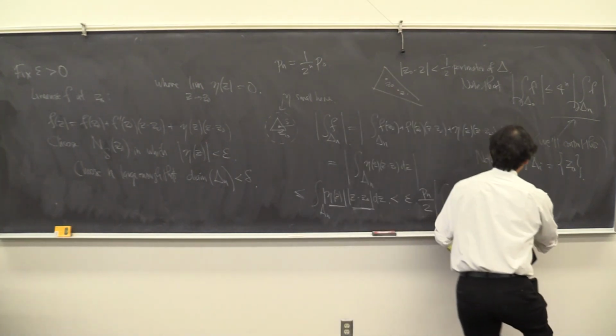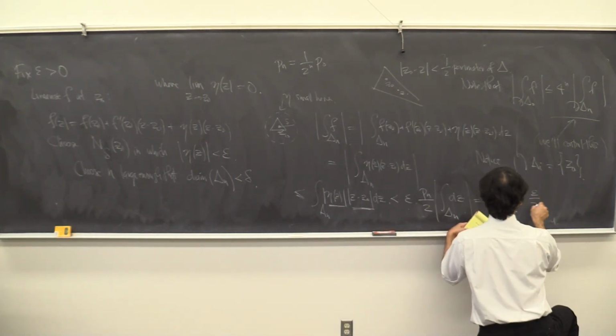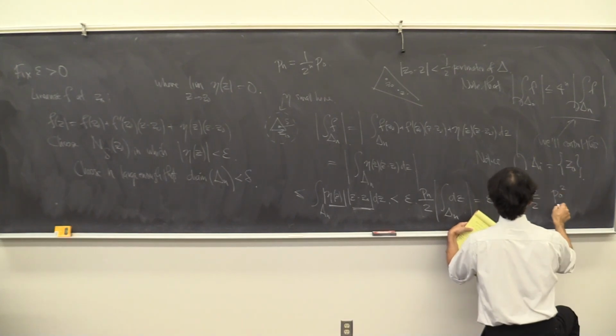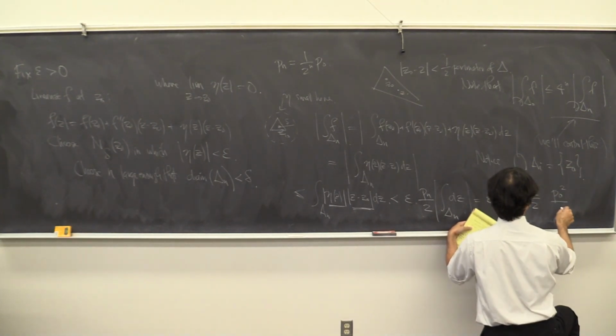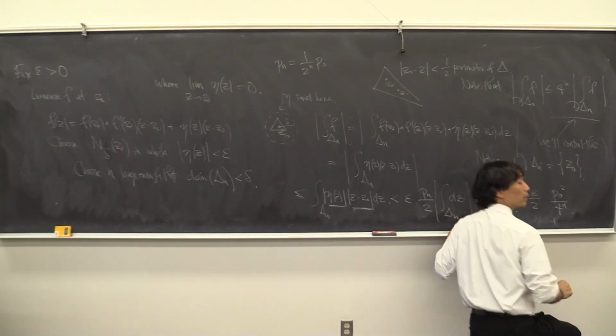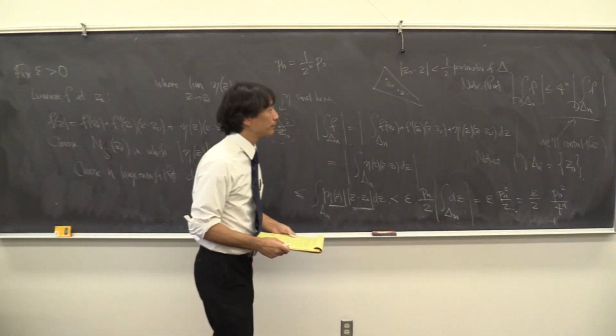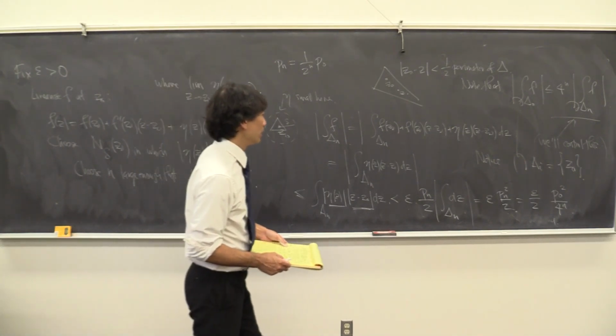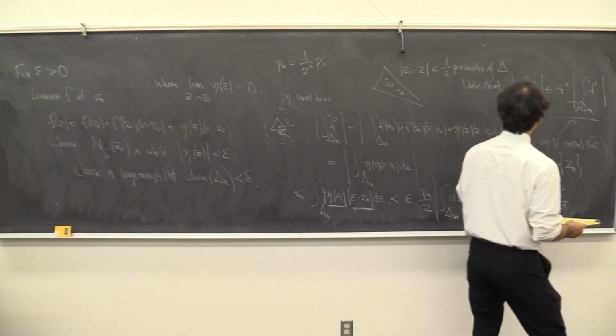So what's this? This is epsilon over 2 times the original perimeter squared over 4 to the n.